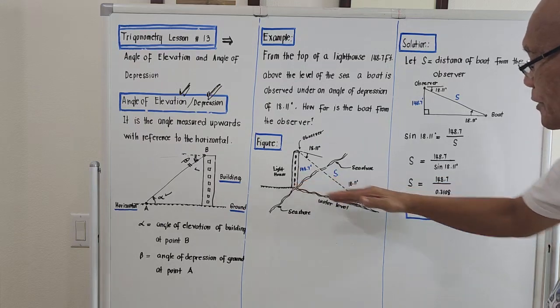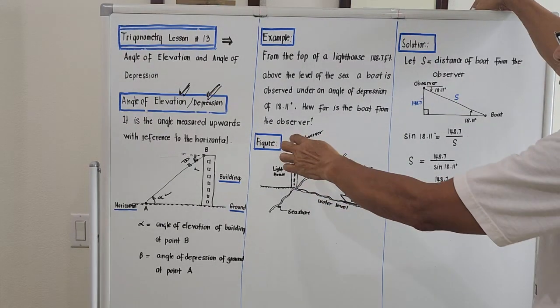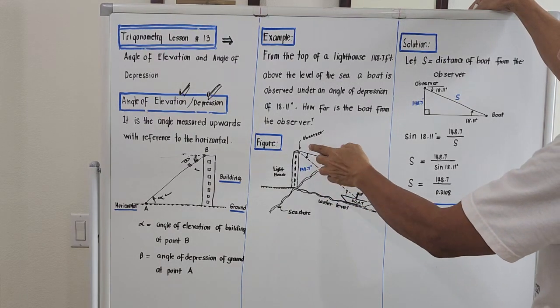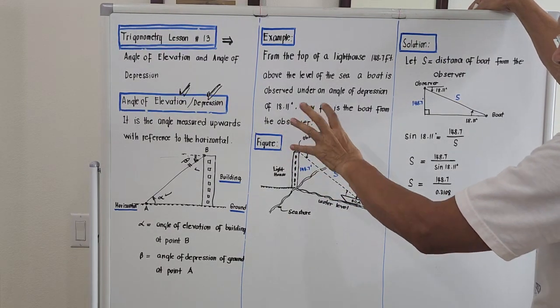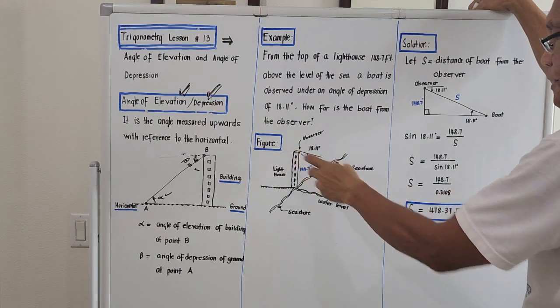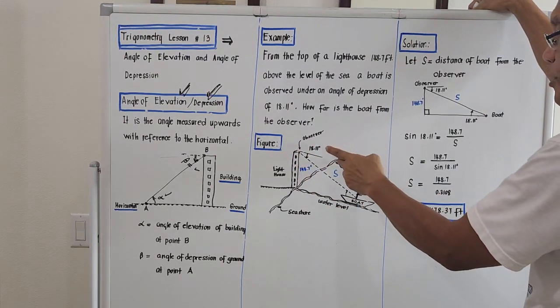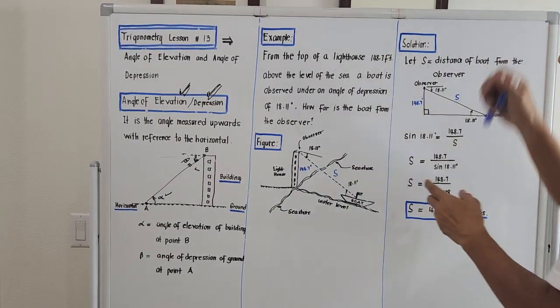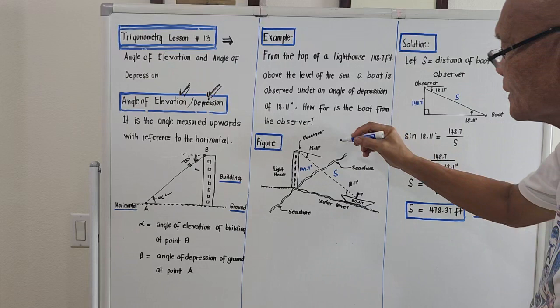And from the water level, an observer from the lighthouse, maybe he has a transit to determine this angle of depression. He observed that the boat has an angle of depression of 18.11 degrees. Okay, the angle of depression.